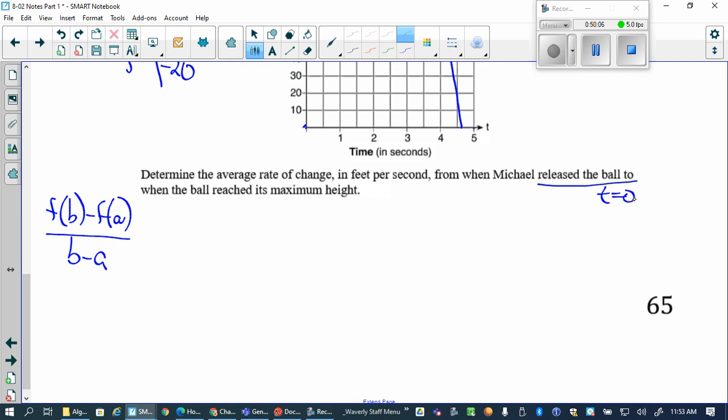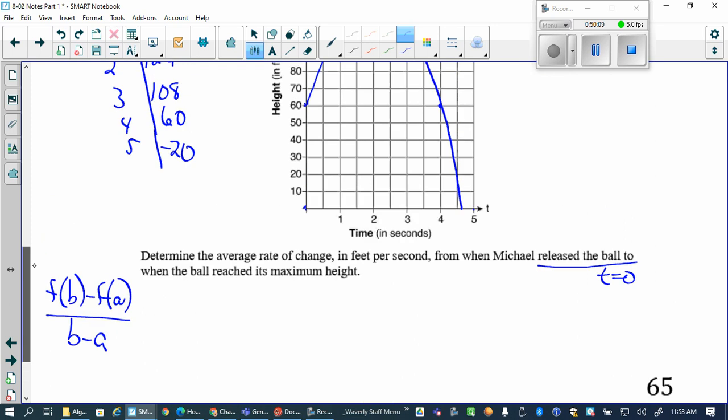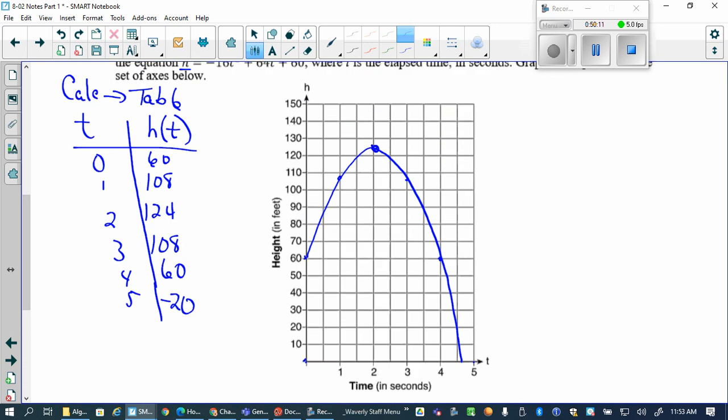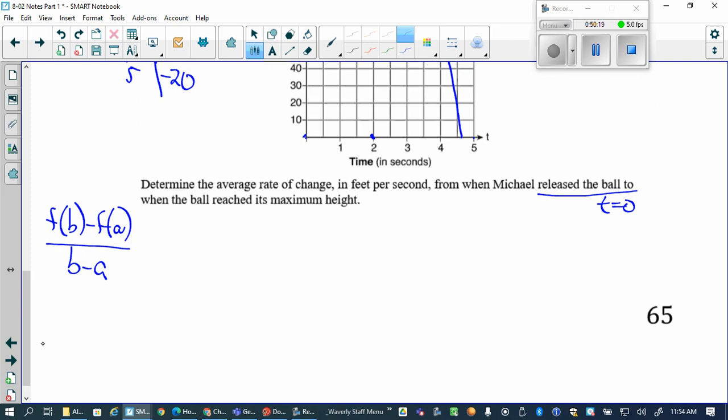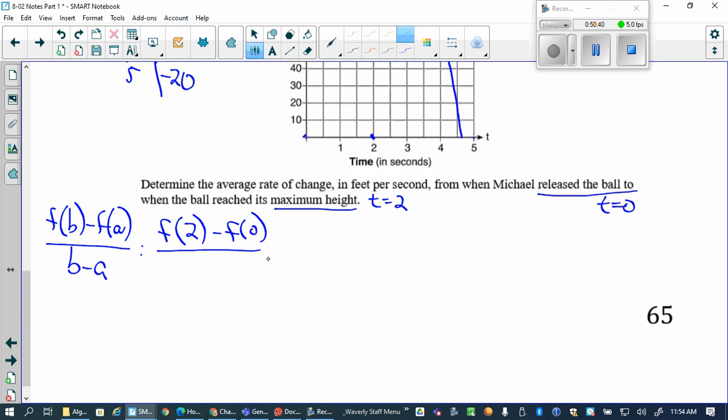To when the ball reached its maximum height. Here's your maximum height, right? It's at that vertex. Maximum height would be T equals 2. So it would be F of what minus F of what? 2 minus 0 over 2 minus 0.